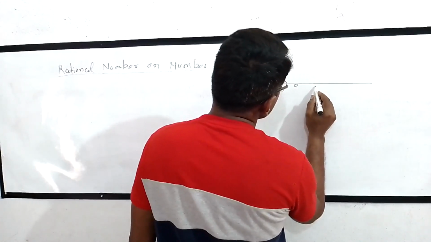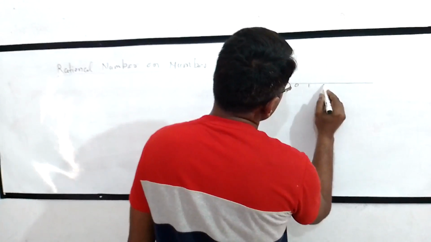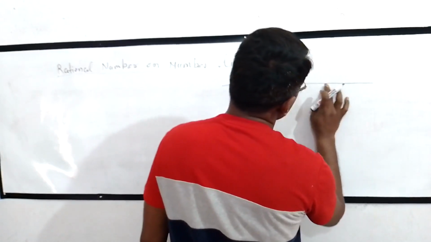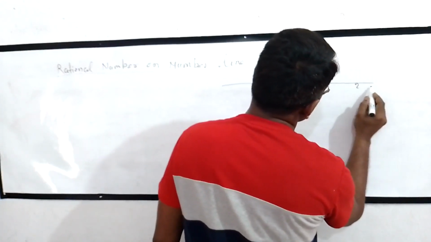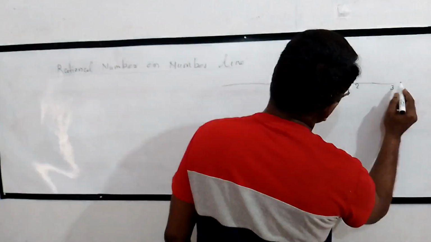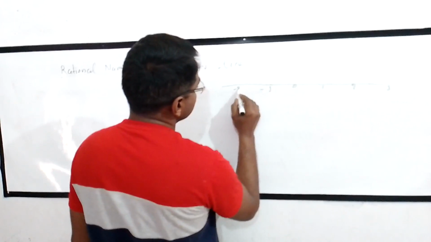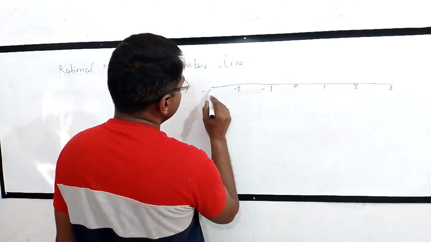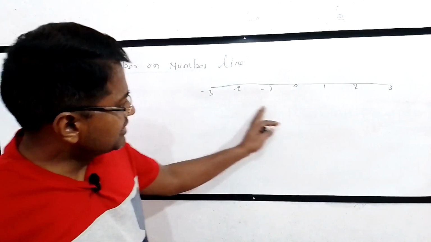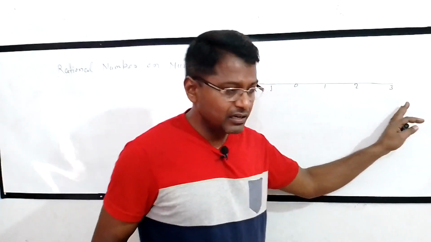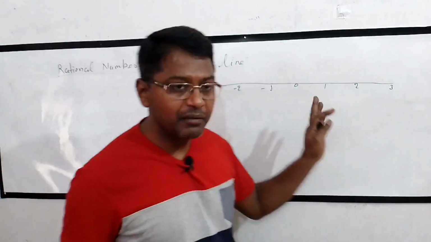Suppose this is 0, this is 1, 2, 3, and this is -1, -2, and -3. These are the integers shown on the number line.